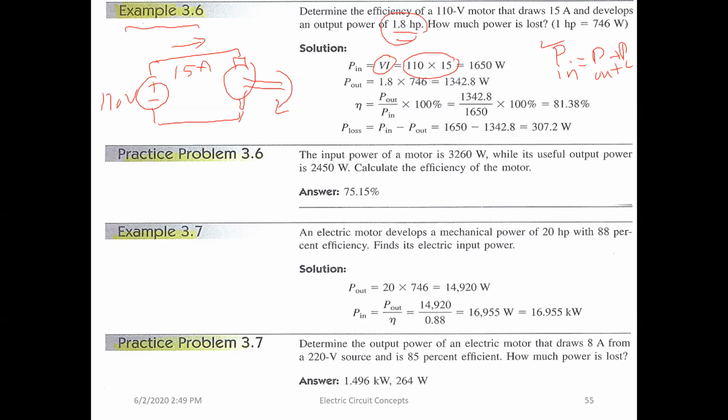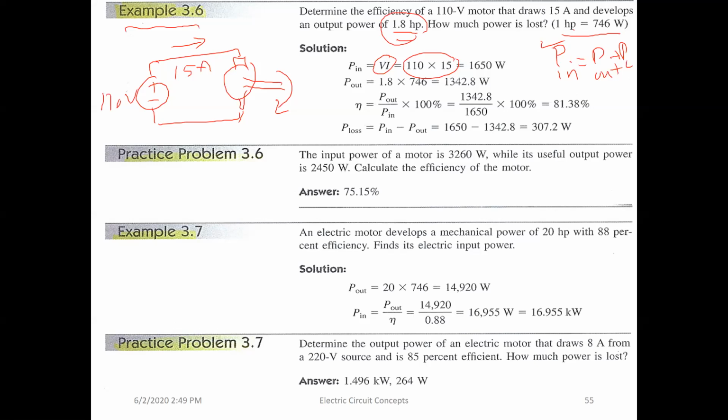Now we know there's a conversion between horsepower and watts. So 1 horsepower is equivalent to 747 watts. So before we plug into this formula to find P loss, because P loss will be Pin minus P out.